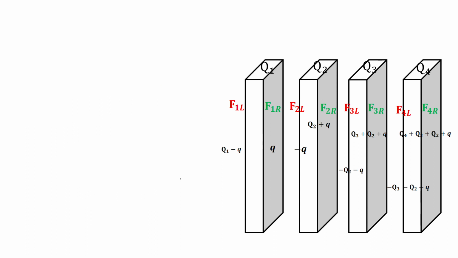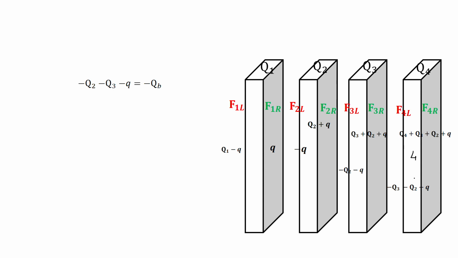Now for the sake of completeness, I have calculated the charge on the fourth plate, that is this one. On this plate the charge on F4L is minus q3 minus q2 minus q, and I have denoted this value as minus qb.